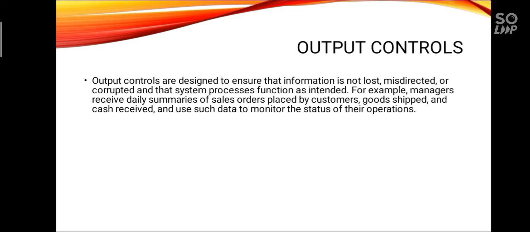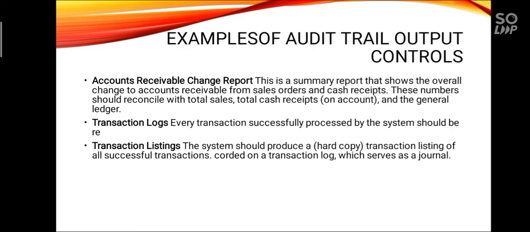Yun nga. Another important element of output control is the maintenance of audit trail. Example of audit trail output controls: Accounts receivable change report. This is a summary report that shows the overall changes to accounts receivable from sales order and cash receipt.